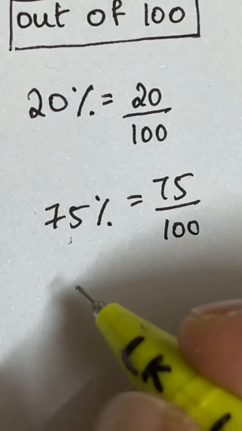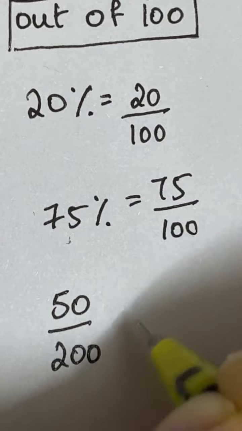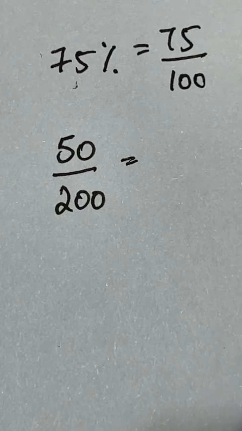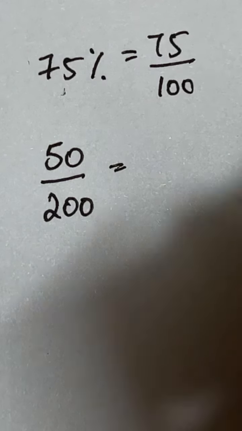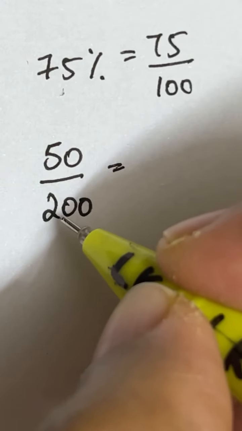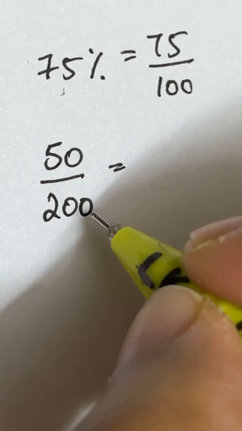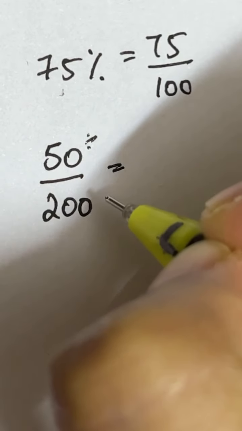Okay, now let's see what if you have 50 over 200. Now this is 50 marks out of 200 marks. So how much is the percentage? What percentage did he or she get? If it is 50 out of 200, we don't calculate percentage out of 200. We only calculate out of 100. So we divide by 2.